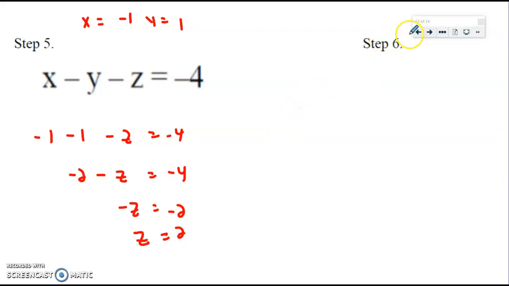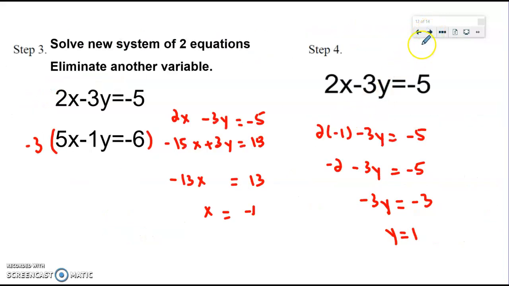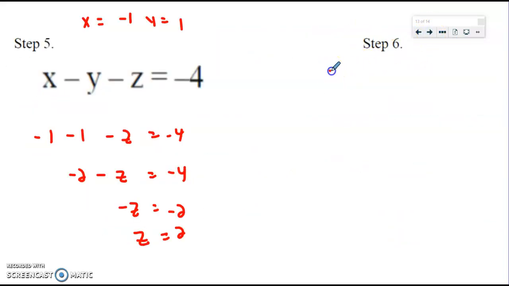Okay? So one thing that we can do is check it. I can plug it into one of these other equations to see if this works. So I'm going to choose that bottom one. I have 3x plus y plus 2z, and that should equal 2.